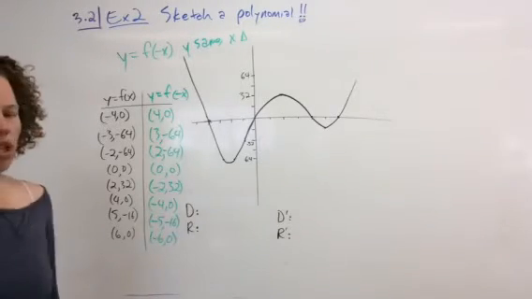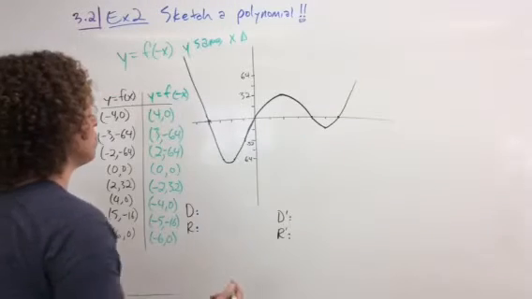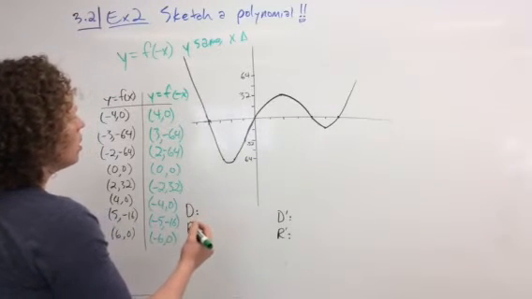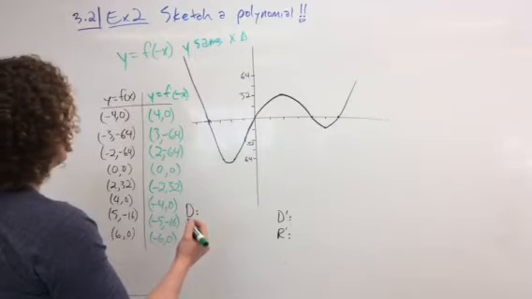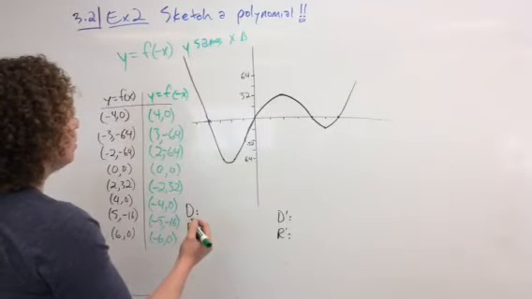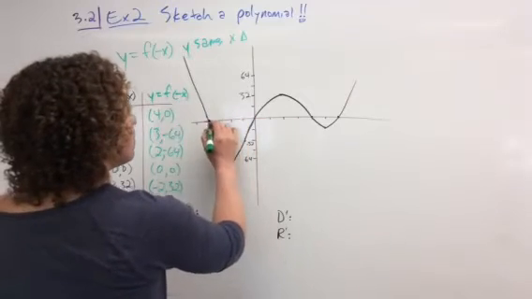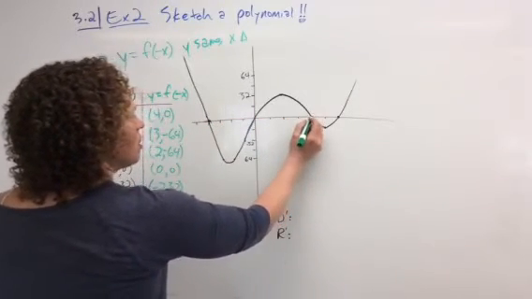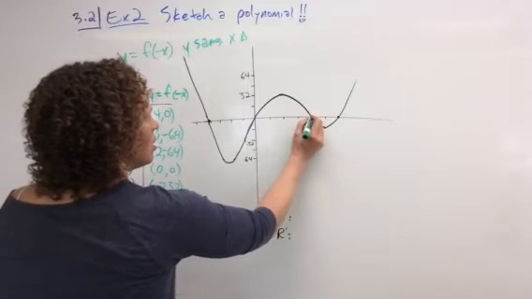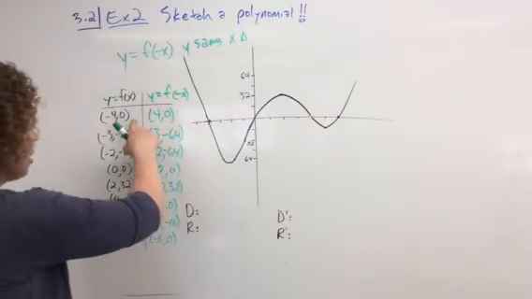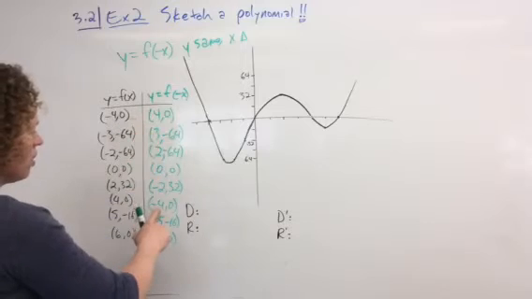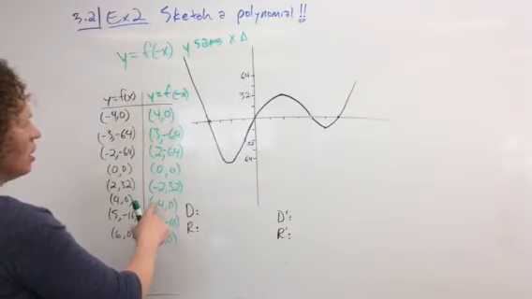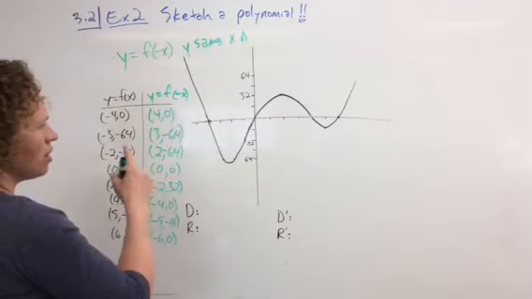So now we're just going to plot those points. We've already switched them, so let's go. 1, 2, 3, 4, 1, 2, 3, 4. Because we had a negative 4 and 0 here, and we also have a negative 4 and 0 here, it's actually not the same point.